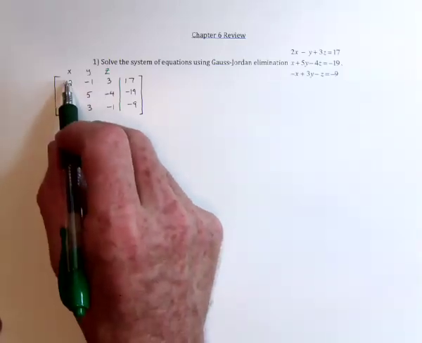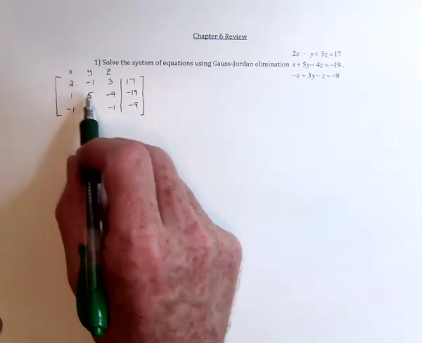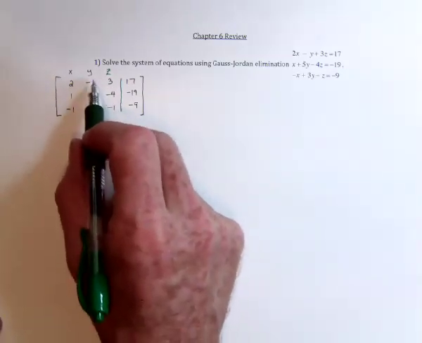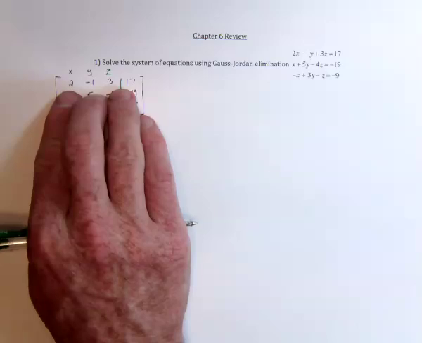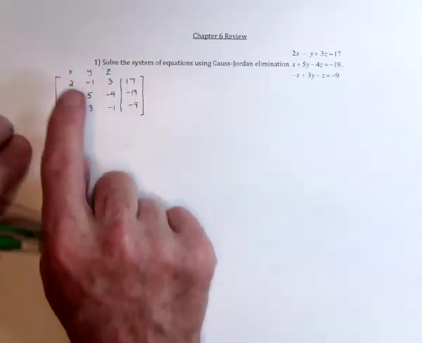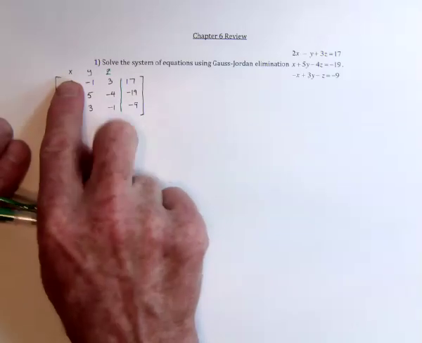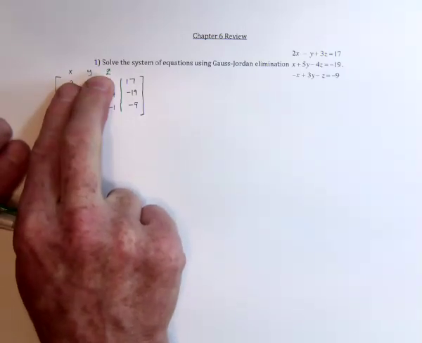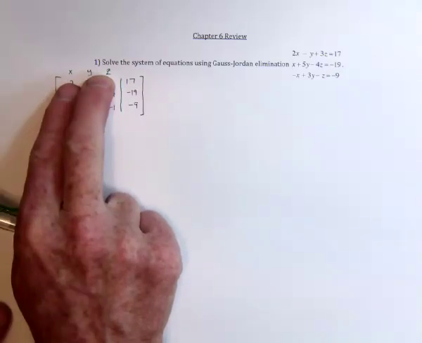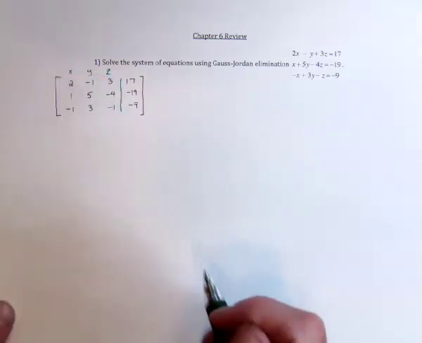In fact, what we're going to do is get this diagonal right here to be ones, and everything else will be zeros. So if this row were to say 1, 0, 0, then what that means is you would have 1x, 0 y's and 0 z's, and that 1x would then equal this number over here. So that would be the solution.